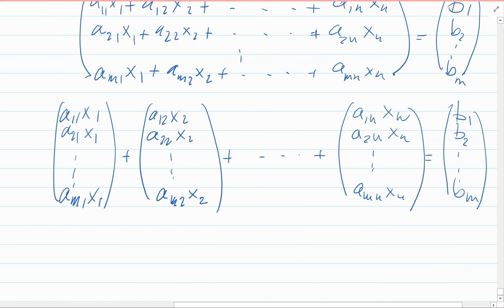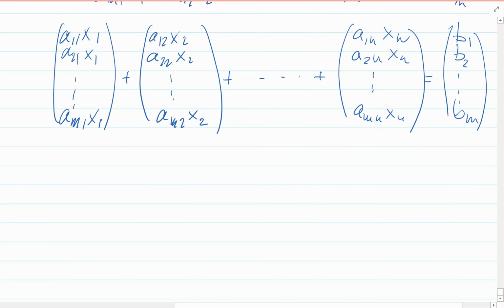Okay, so now we use the addition, but now let's use the properties of multiplication by a number, and we can take x1 outside, okay? And usually when you multiply a matrix with a number, you put the number to the left and the matrix to the right all the time. It's a convention, okay?